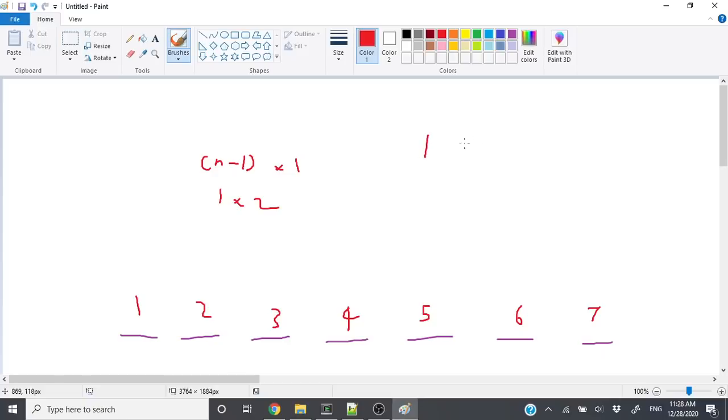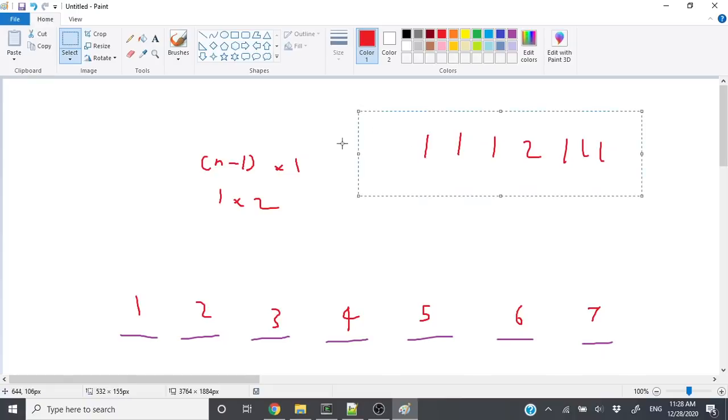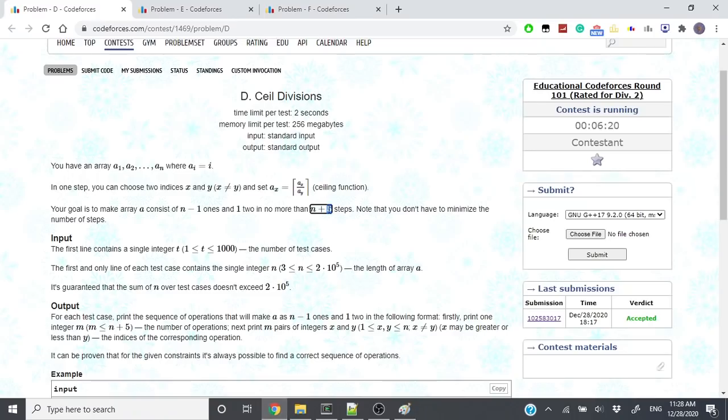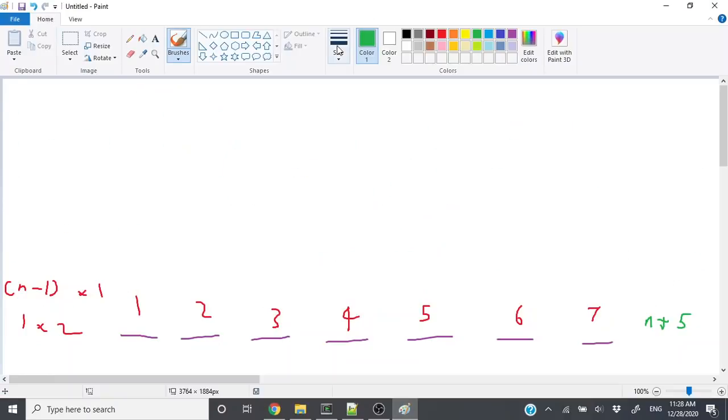So it should be, for example, 1 2 1 1 1 1 1, or 1 1 2, anything of the sort. That's our final goal, and we have at most n plus 5 operations.